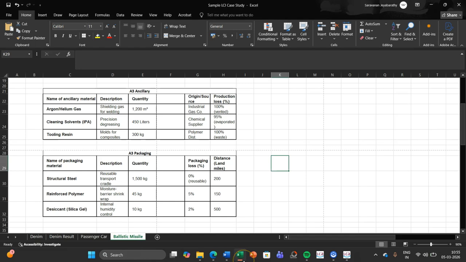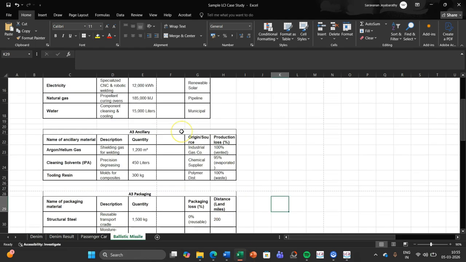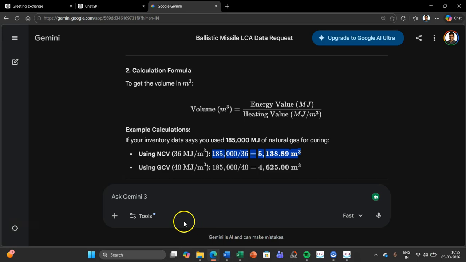So what's the value? 1200 meter cube. So for helium I want to convert 1200 meter cube into kg.